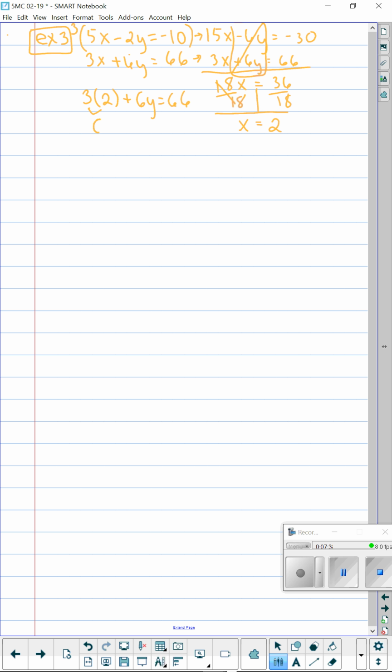And now 3 times 2 is 6 plus 6y equals 66. And then it's wall, floor, subtract 6 from both sides. So that now we have 6y equals 60. And then one more wall, floor, divide both sides by 6. And 60 divided by 6 is 10. So now the final answer here is (2, 10).